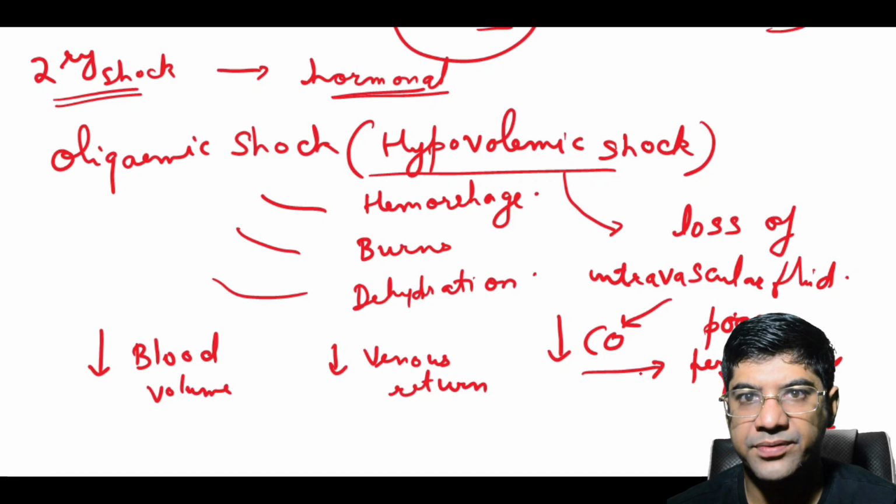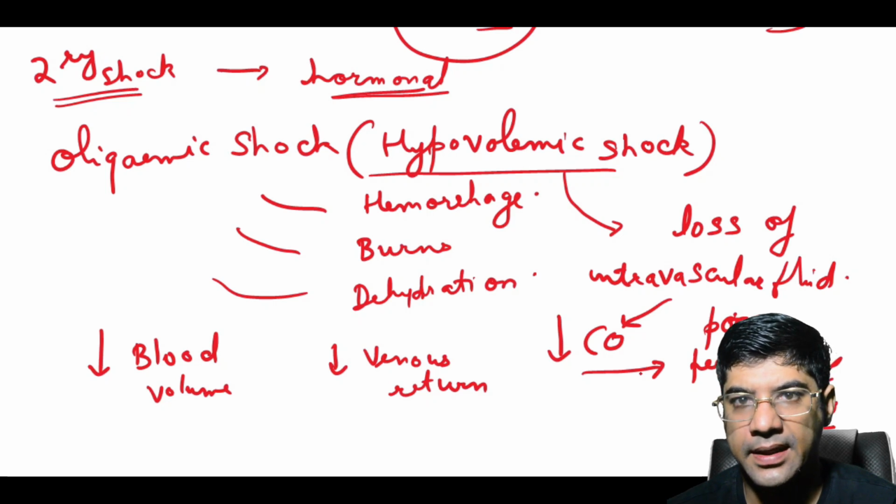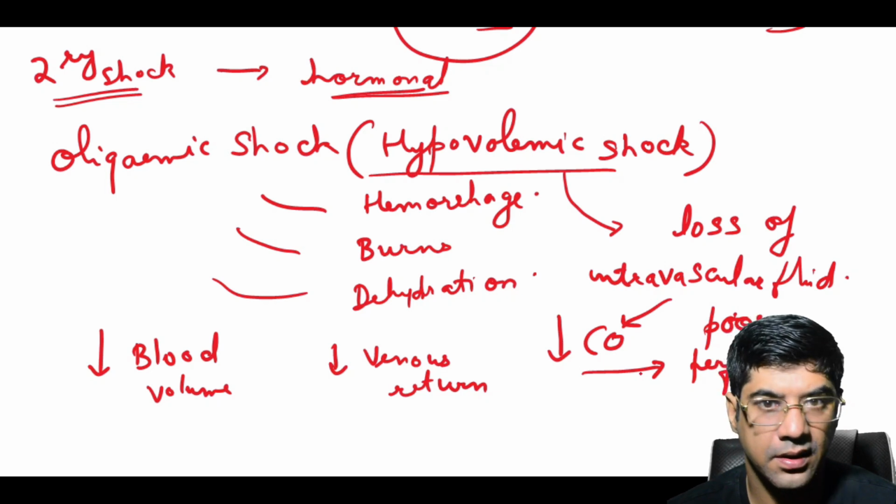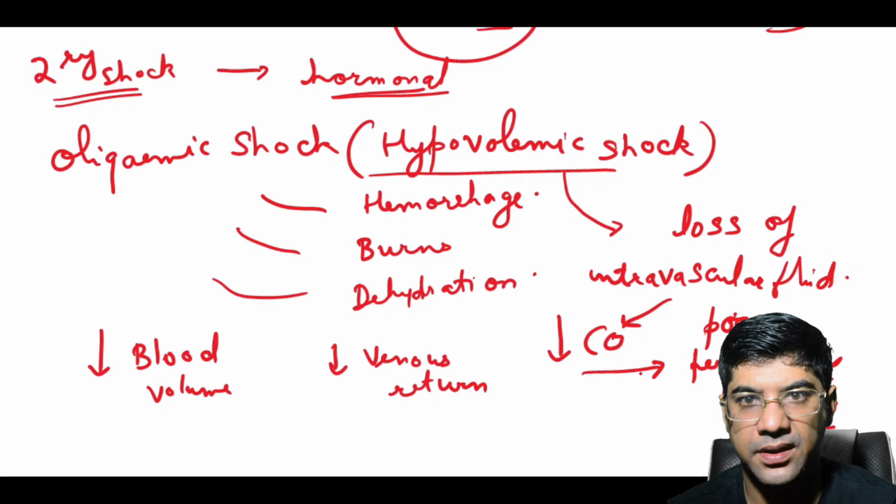Now, in order to compensate, the body activates sympathetic nervous system that leads to release of catecholamines like adrenaline, noradrenaline that cause vasoconstriction, that is they constrict the blood vessels to maintain blood pressure and redirect the blood flow to the vital organs like the brain.